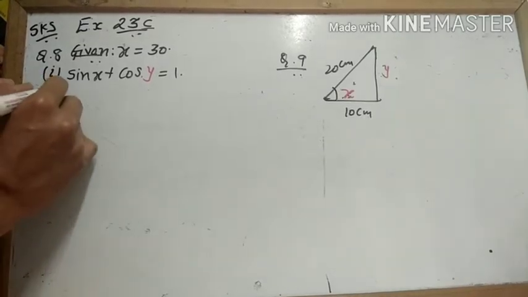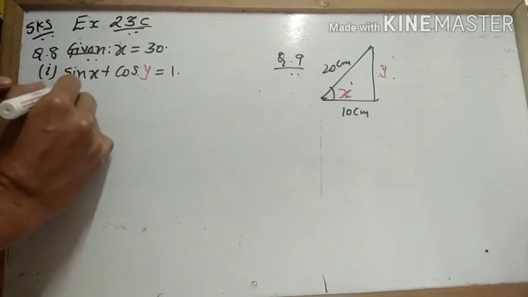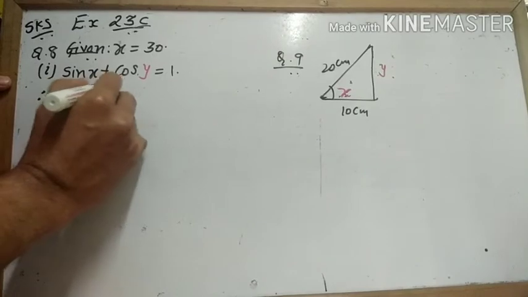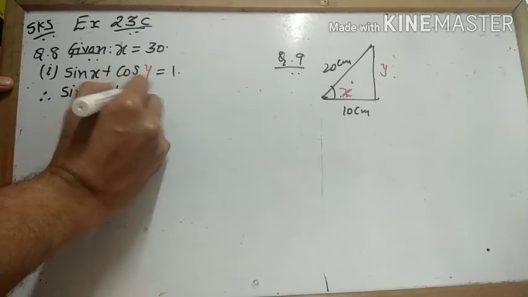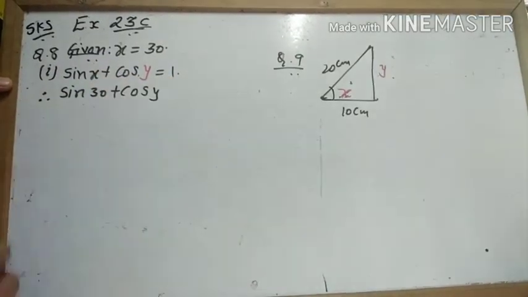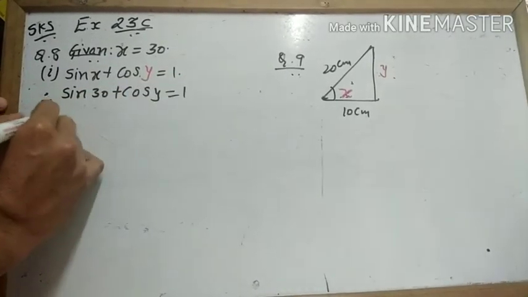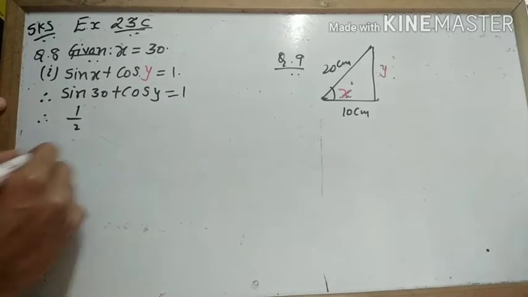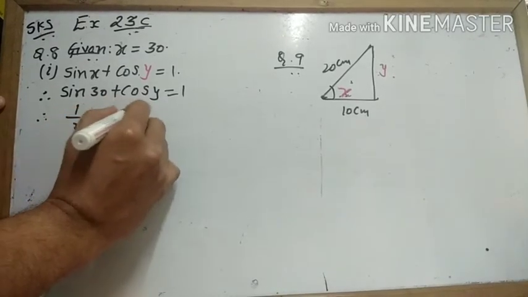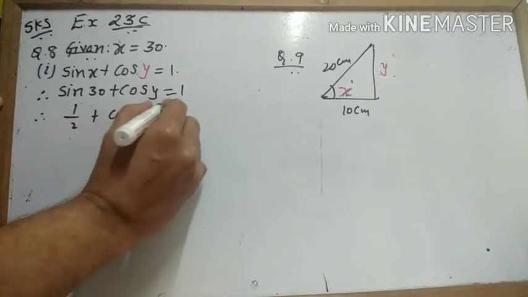Now, apparently a little different question, but let me tell you, it's not difficult. Sine x will be written down as sine of 30 degree because the x value is given to us as 30. From the tabular values, sine 30 is 1 over 2, plus cos y is equal to 1.